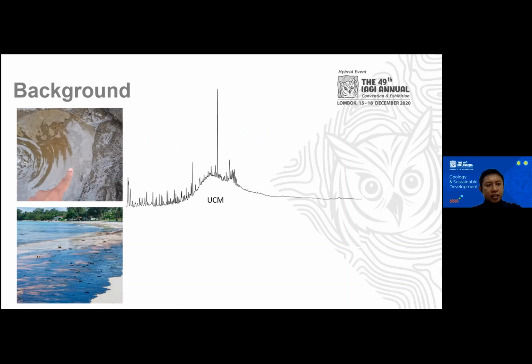But unfortunately, due to various processes, including evaporation and biodegradation, most of the biomarkers in the oil spill are already removed. We need an alternative solution to trace the source of oil spills and also to gain information from seepage for exploration purposes.